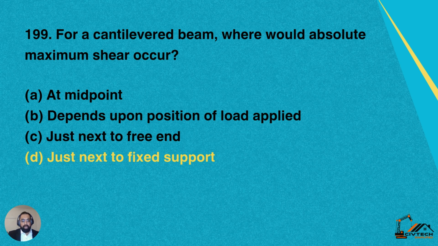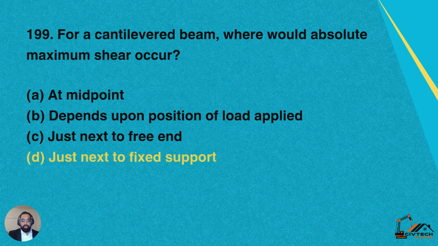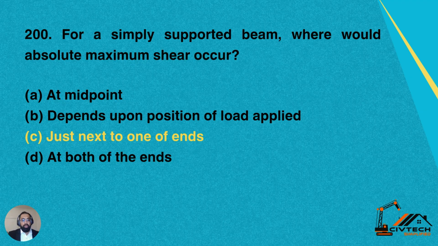It will occur just next to the fixed support. So D here is the correct answer for this question. In case of a cantilevered beam, the maximum shear occurs just next to the fixed support.